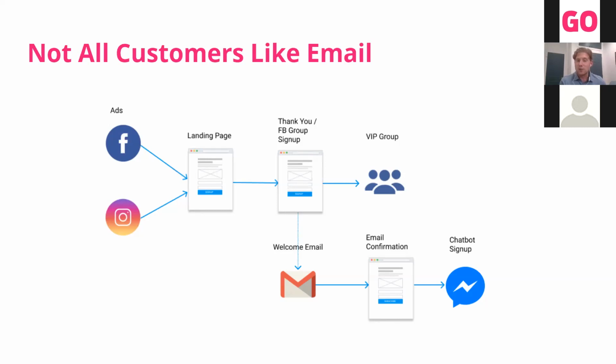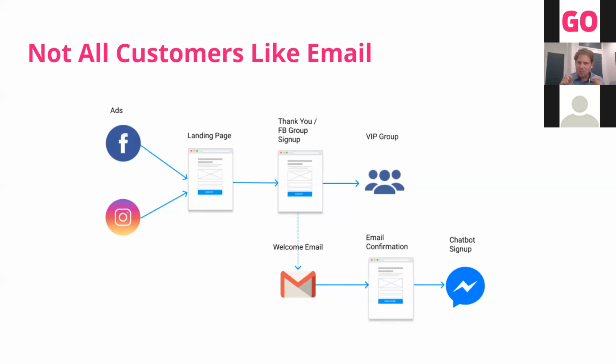Now, in this funnel, when someone signs up, yes, you can send them a welcome email. However, you could also invite them to a VIP group, for example. Perhaps you want to invite them to a Facebook group. And then additionally, as part of this sign-up flow, perhaps you want to invite them to get notified by a chatbot, essentially Facebook Messenger, or perhaps you want to do SMS, a text message.